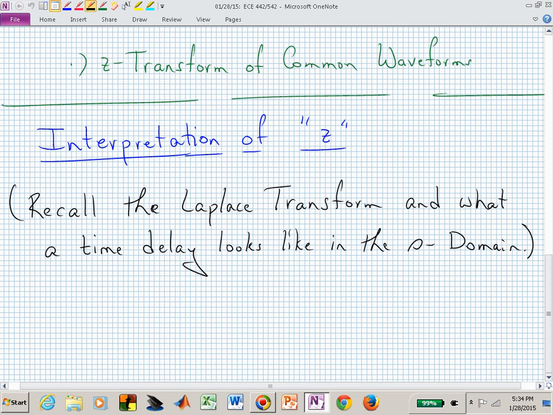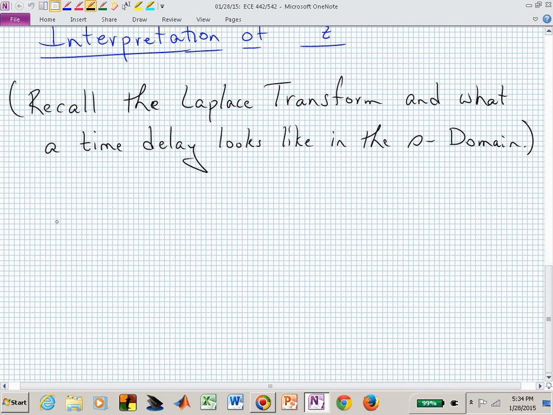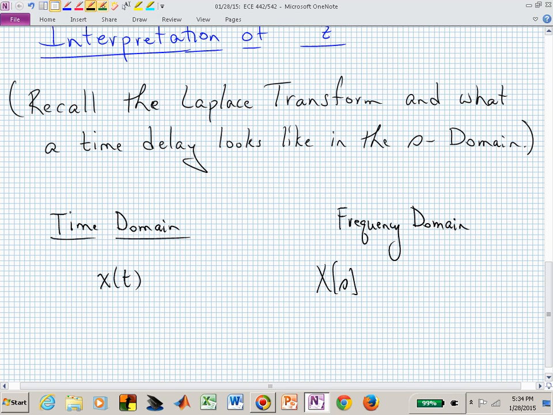If that's the case, then you should be able to, if I said, okay, here's a time domain signal, let's call it x of t, then if I wanted you to take that into the frequency domain by means of the Laplace transform, what is the Laplace transform definition of a generic signal, little x of t?